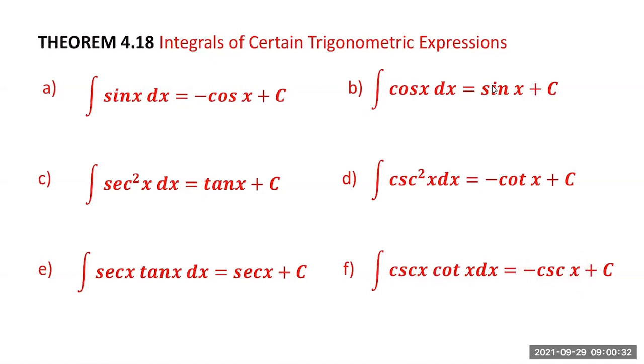Minus times minus cosecant x cotangent x, that is cosecant x cotangent x, because the two minus signs cancel. So that means this is an antiderivative of this function. Now to write the indefinite integral of this function, you add a constant to the antiderivative that you found.